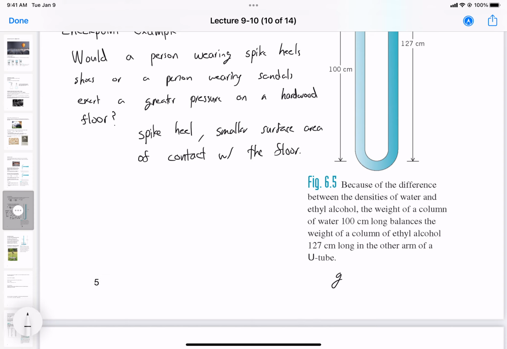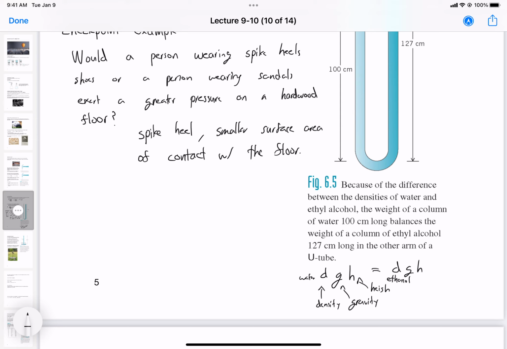dgh. So when the tube stops moving, this is density, this is gravity, and this is the height. So the product of this side of the equation will equal the product of this side of the equation, and that's because they have different densities. So say we have water here, and here we have ethanol.